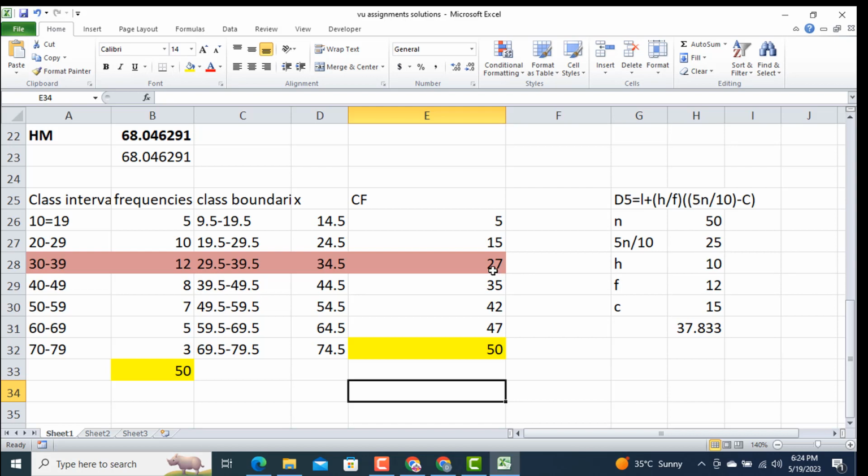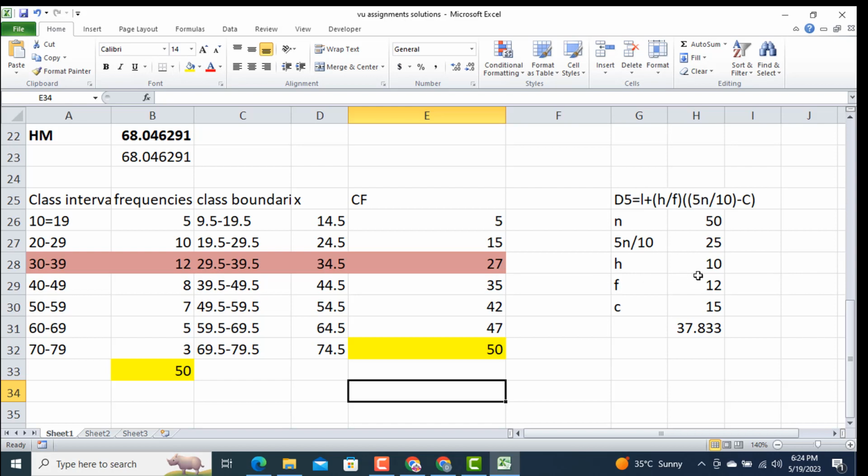Here, 27, in the group 30 to 39, with boundaries 29.5 to 39.5, is where the 25 lies. 35 also lies there, but 27 is the closest one, and 15 is less than 25. So we are going to pick up the 27, which is greater than 25 and close to 25.